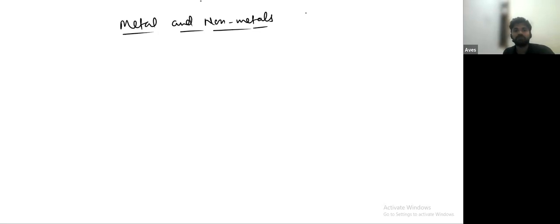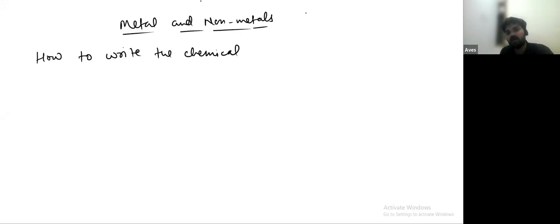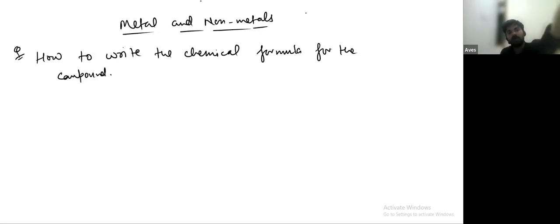Okay. Yes, students, let's start. What we are going to start today is how to write the chemical formula for a compound. For example, can anybody in the class tell me the formula for aluminium phosphate?